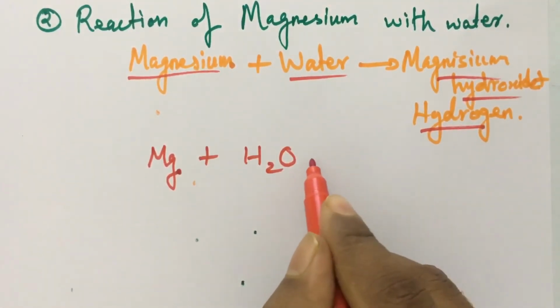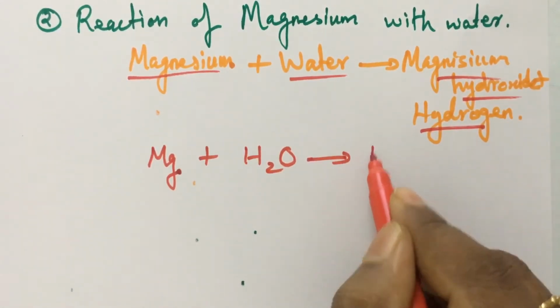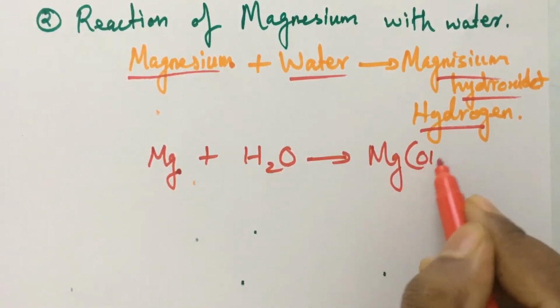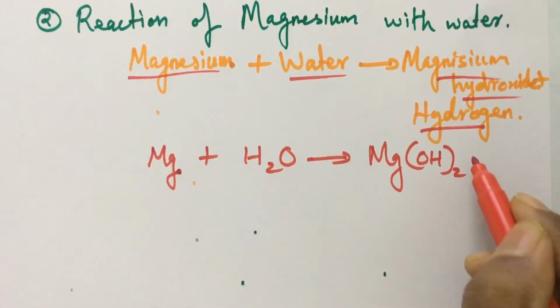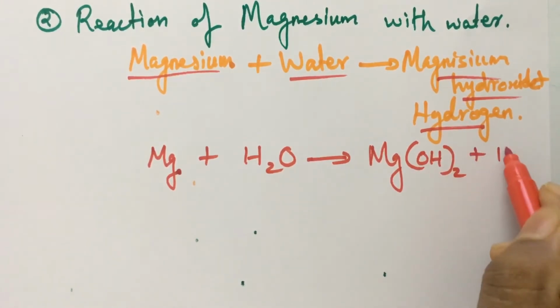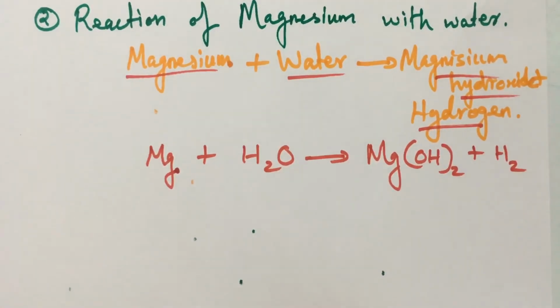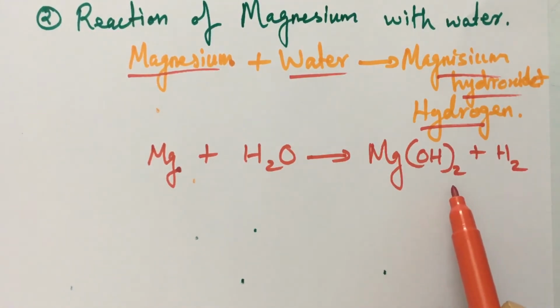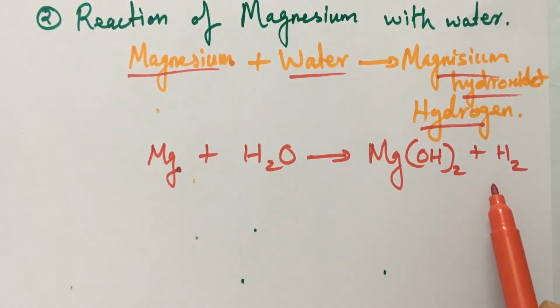Gives Mg(OH)2 plus H2. So now we have magnesium hydroxide as Mg(OH)2 and H2. So children, this is our proper equation. Now we have written the proper equation.